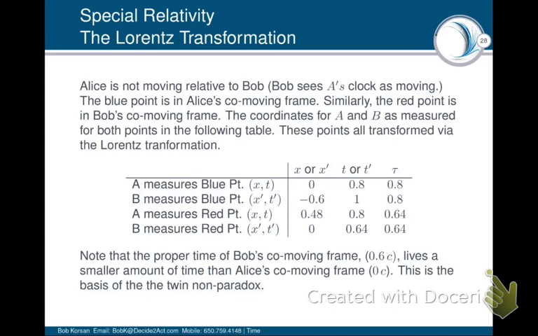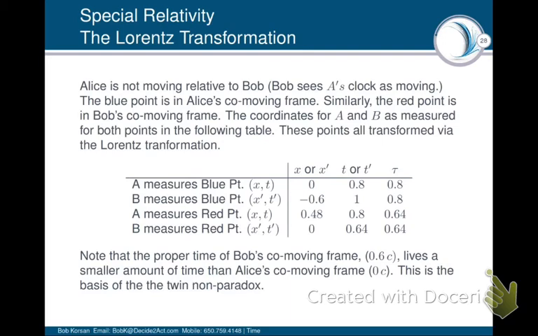What about the red point on Bob's co-moving coordinate system? Bob measures his point to have no position, 0, and he has a time of 0.64.